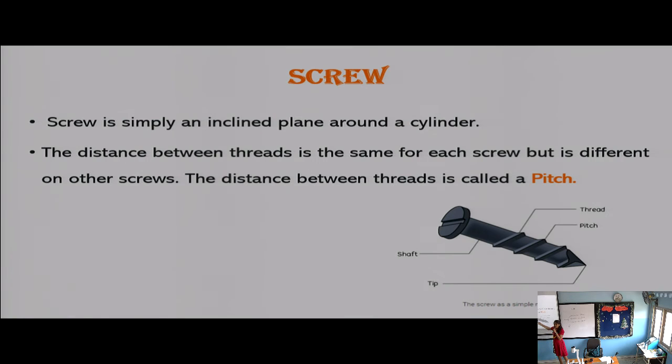Thread. And the distance between threads is called pitch. How many parts? 4 parts. Good.